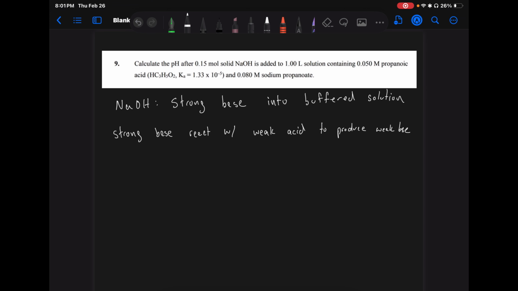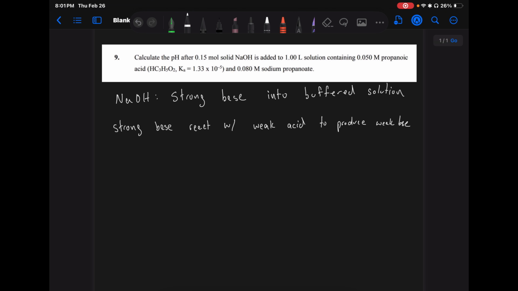In order to do that, we're going to need an ICE table. The reaction we're dealing with, they already gave us the formula, which is helpful: HC3H5O2, the acid. This acid will react with the strong base.